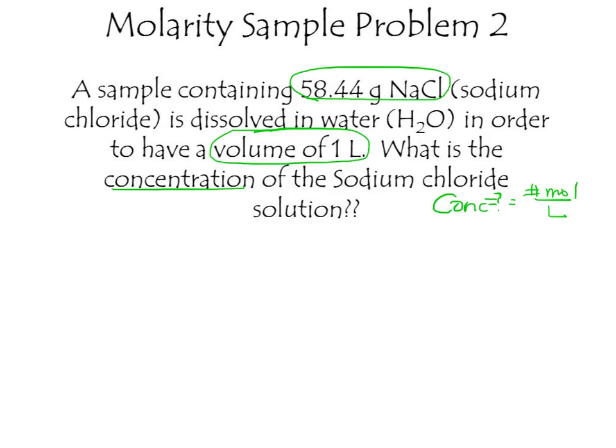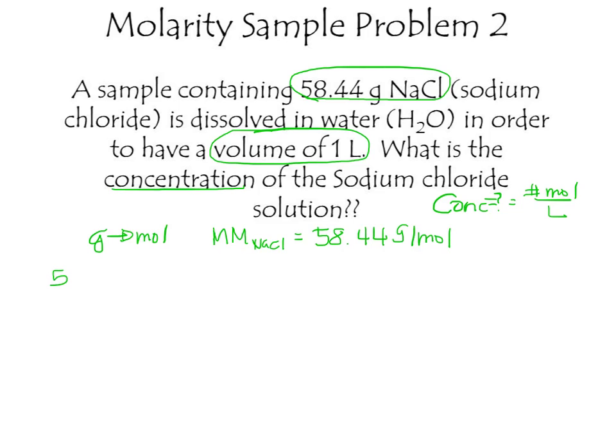Now, we're not given moles in this problem, we're given grams, but what can we do in order to convert grams to moles? We're going to need our molar mass of sodium chloride, and in this case, it's 58.44 grams per mole. So if that's the case, let's go ahead and do a conversion.